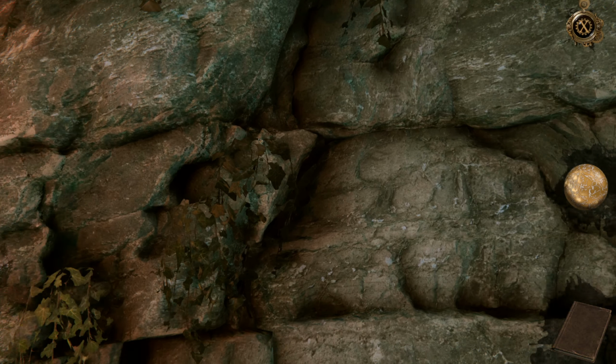Hold on a second. Why don't we try this? Oh, look, there's like this little ball here. Do I need to... How do I get that to move?